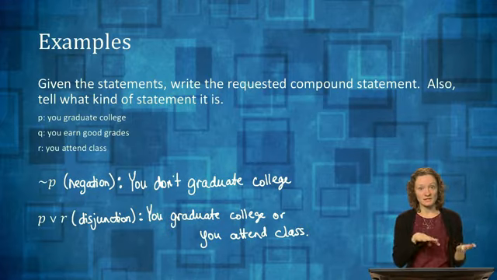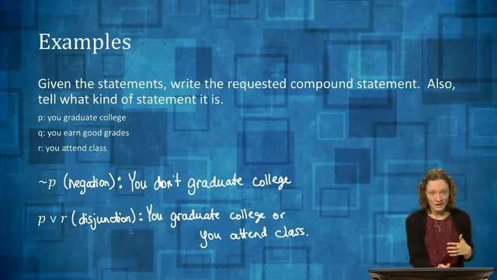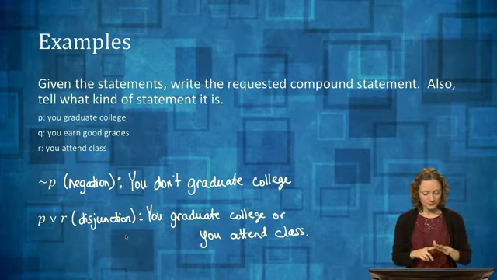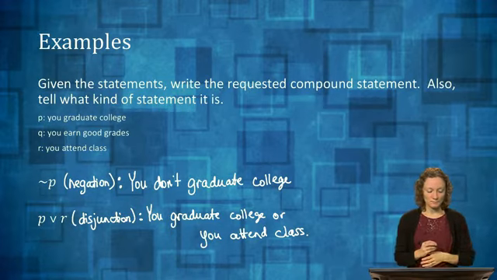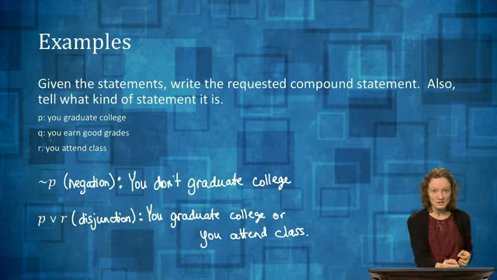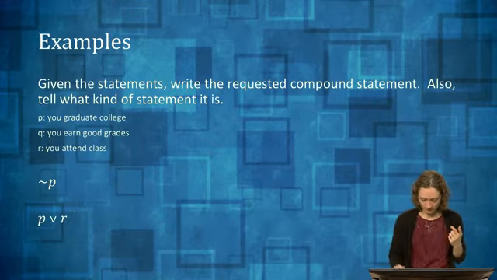All you're worried about is the translation, and then what kind of statement you have. Long-term, identifying the type of statement isn't really going to be a big thing. We're just going to refer to it as a disjunction and move on. But in the beginning, I want to get us used to it, so we're going to identify which of the connectives we have. All right, on the next slide, we're going to continue using the same P, Q, and R.